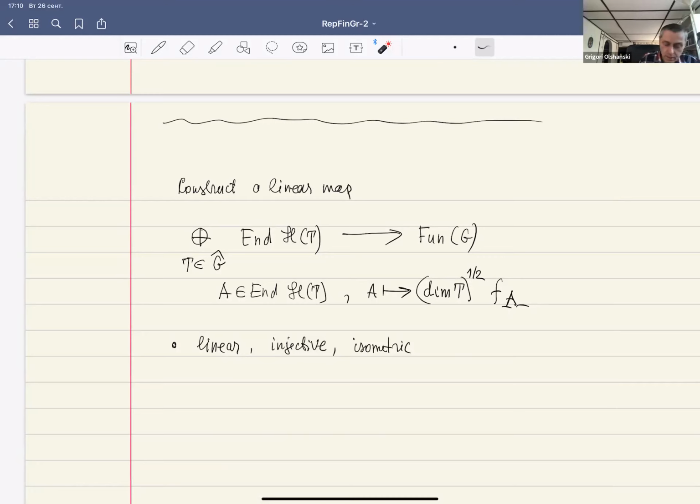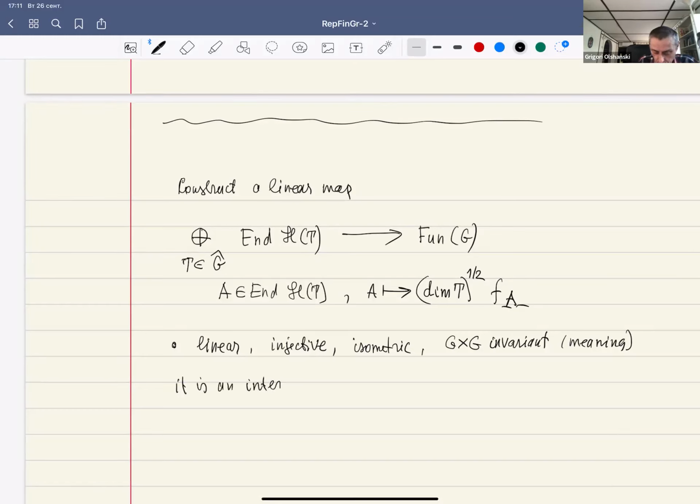And the next claim: it is G cross G invariant, meaning it is an intertwining operator. In what sense?